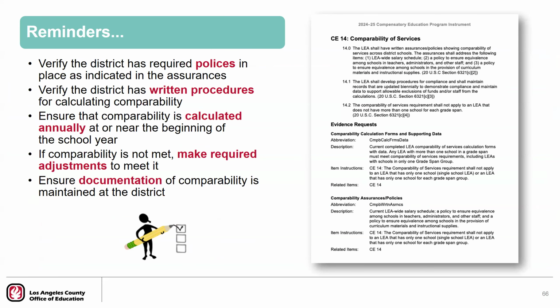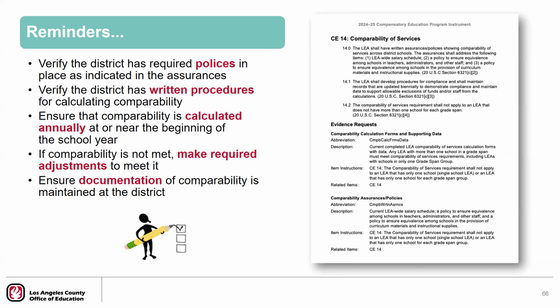So here we just have a few reminders. And so as a reminder, the comparability requirements are monitored through the FPM process in the compensatory education instrument, specifically item 14. And so evidence requests for this item include the completed LEA comparability of services calculation forms, the current district-wide salary schedule, the LEA's policy to ensure equivalence among schools in teachers, administrators, and other staff, and the LEA's policy to ensure equivalence among schools in the provision of materials and supplies.